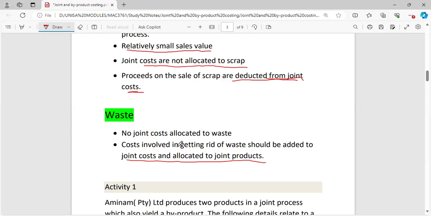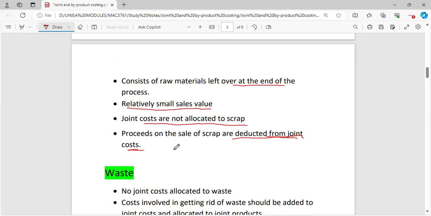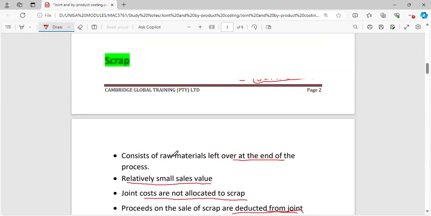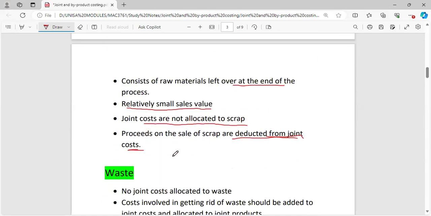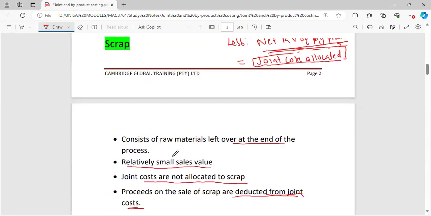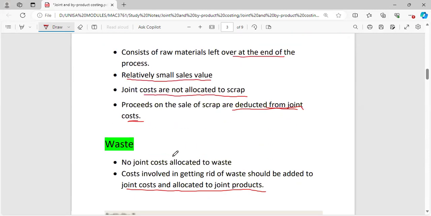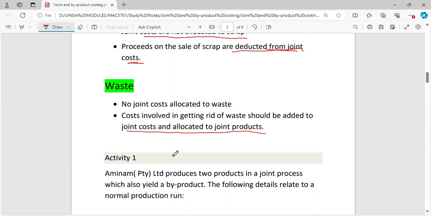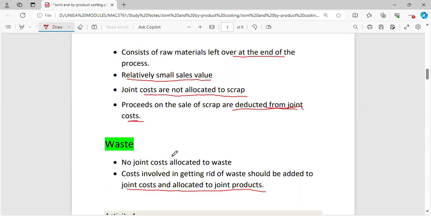So in your questions, I want you to look at the treatment of byproducts, the treatment of scrap, and the treatment of waste. Once you understand these treatments, you will be able to calculate joint cost allocated to joint products.